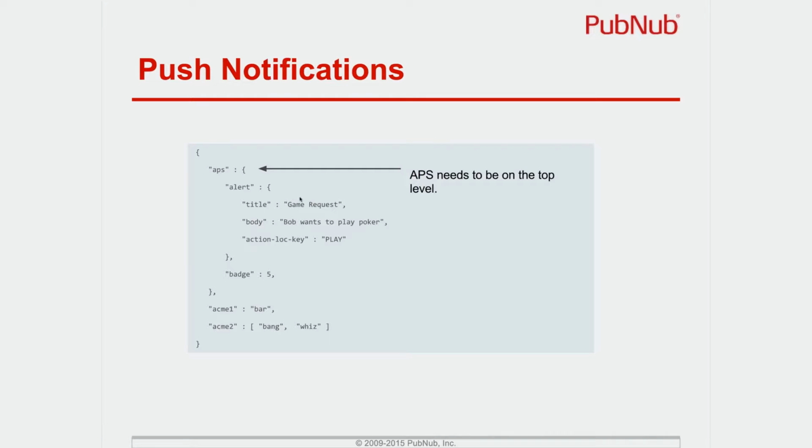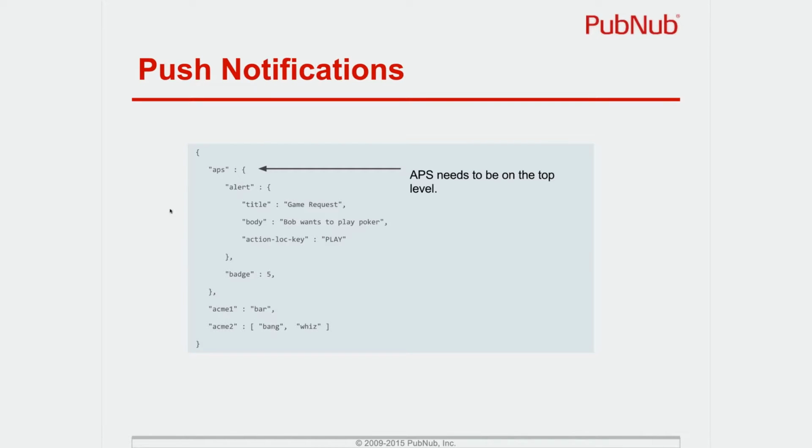APNS. I'm iterating on this quite a bit because it's very, very important. You need to have the proper payload, and the proper payload is documented on the Apple developer site, but I went ahead and pulled one of their examples here, and here's a proper APNS payload. It contains an alert with a few attributes, a badge number, and then some additional data.